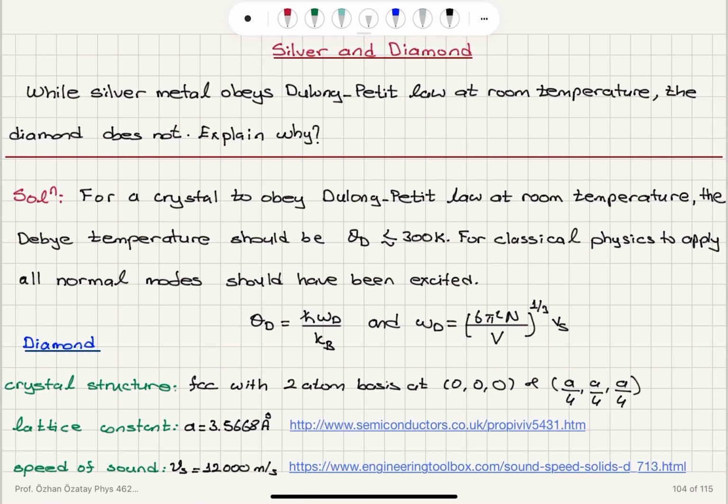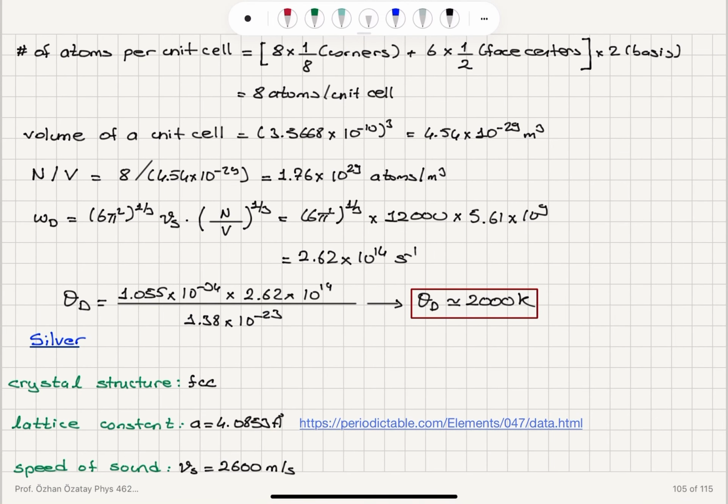Now we looked at the diamond crystal structure, FCC with a 2-atom basis. The lattice constant and speed of sound in diamond we can find on the web, and we calculate first the number of atoms per unit cell: 8 times 1/8 for corners, 6 times 1/2 for face centers, times 2 because we have 2 atoms in the basis, giving 8 atoms per unit cell. The volume of a unit cell is a cubed.